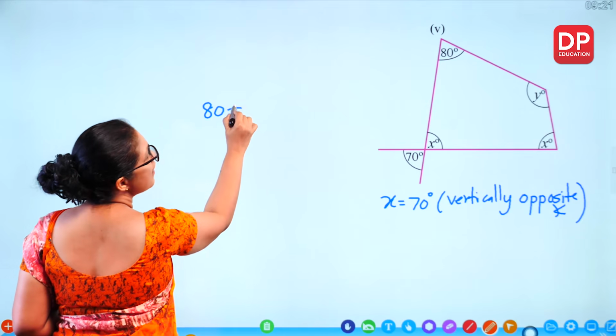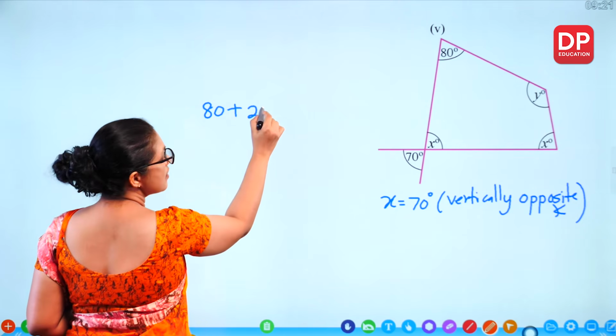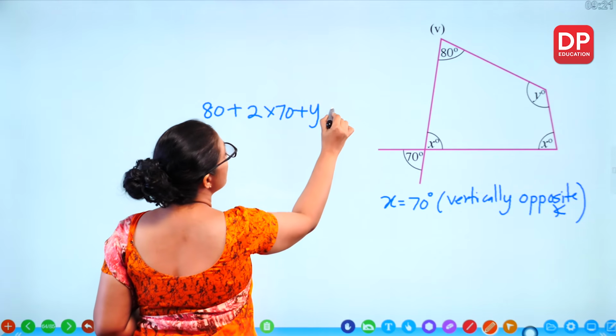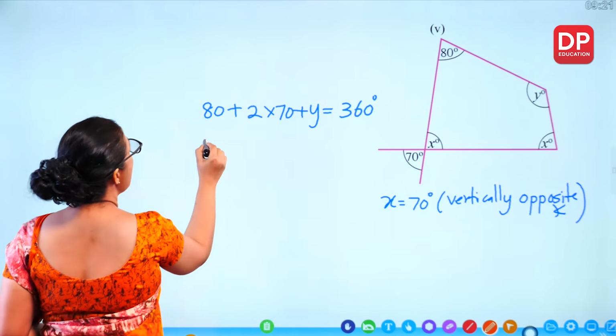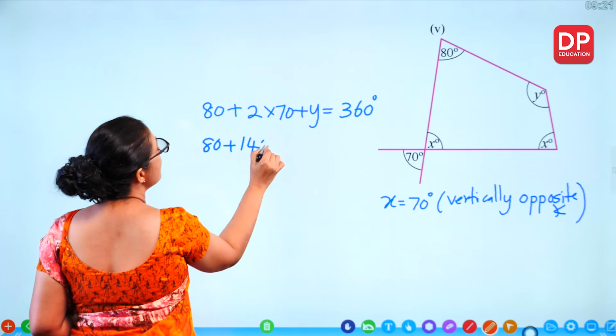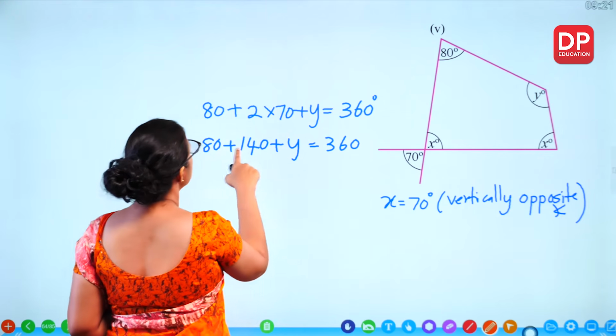360. So you can write 80 plus x and x becomes 2x. 2 times 70 plus y equals 360. So 80 plus 2 times 70, 140. Now subtract this value.